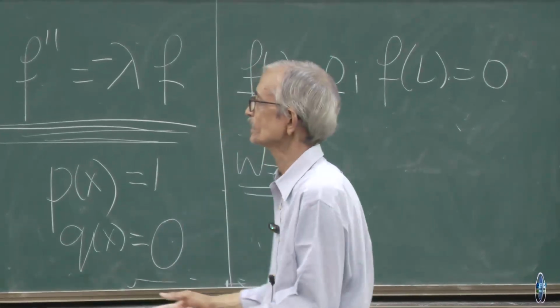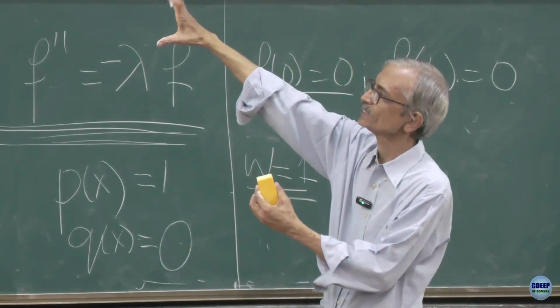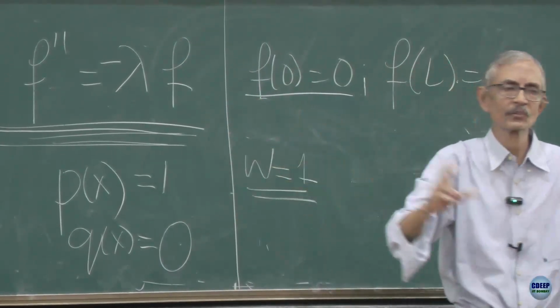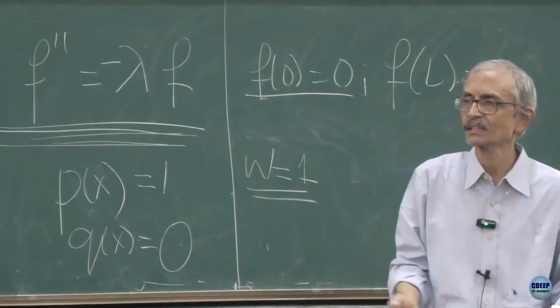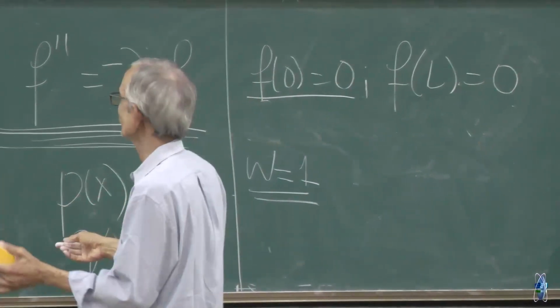Now this is trivial, kind of, because we know that this ends up with sines and cosines, and anyway the orthogonality and everything was taken care of. So that's something that we knew already.